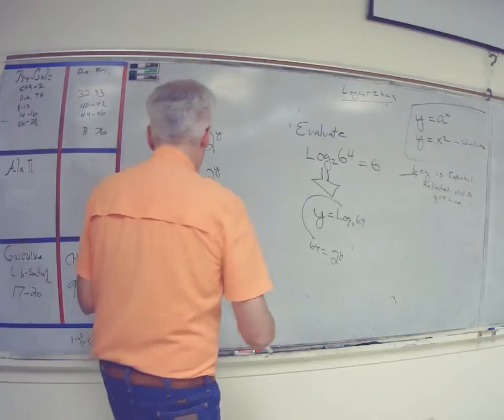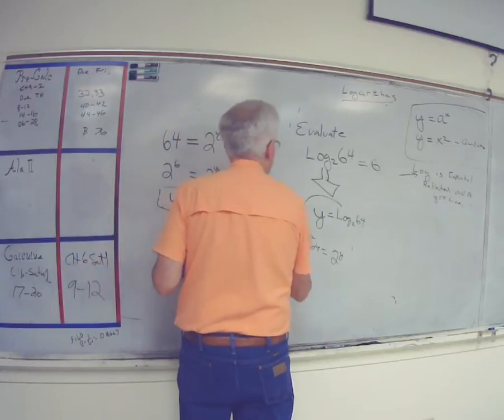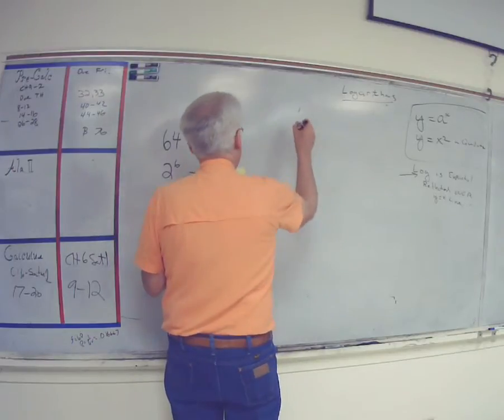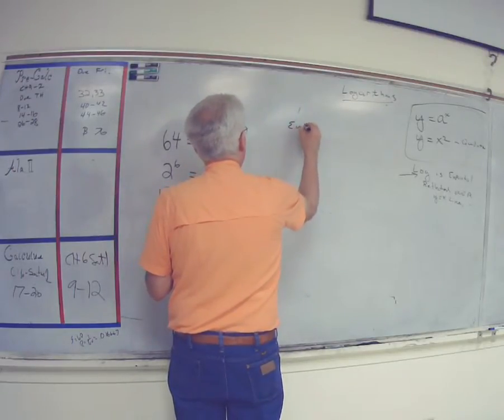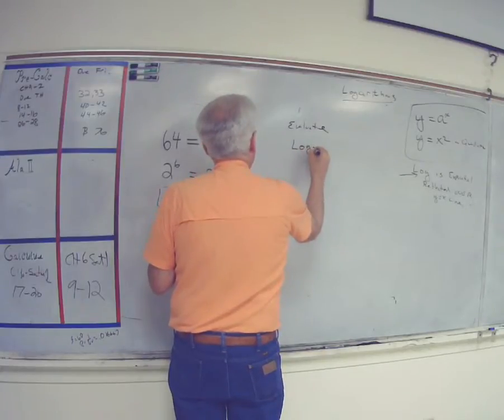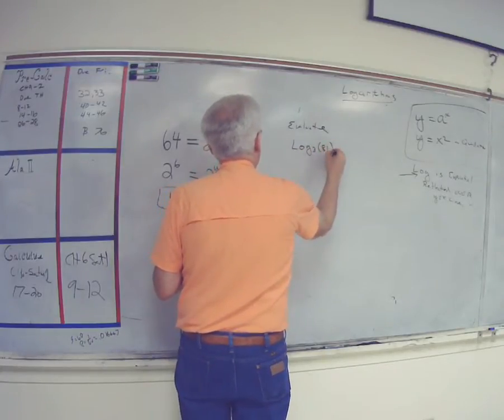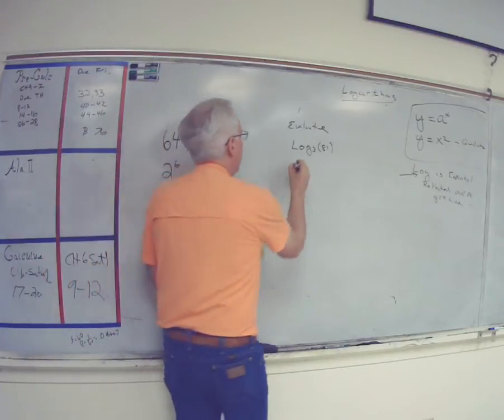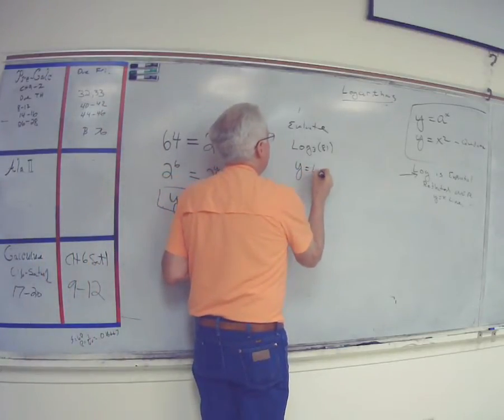Okay, so let's see. Logan, you help me with this one. And again, this is evaluate log 3 of 81. What do you want me to do, Logan? Set it equal to y. Okay, y is equal to log 3 of 81.